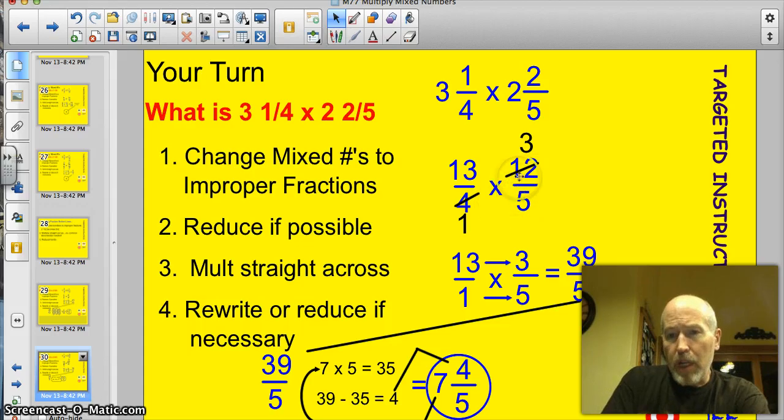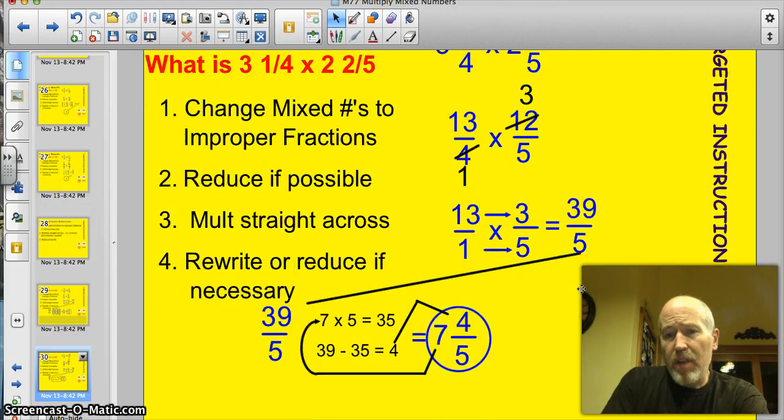So, this time I decided to reduce. I divided by 4. So I got 1 down here, I divided by 4 here, and I got 3. 13, oops, now I'm down to here. 13 times 3 is 39. 1 times 5 is 5. 39/5.